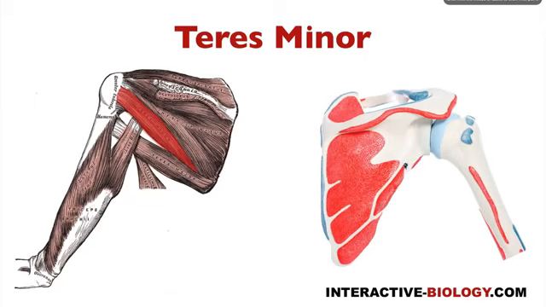Teres minor is going to originate from the upper 2/3 of the posterior surface of the lateral border, and then it's going to insert on the lower facet. Okay, so from the upper 2/3 of the posterior surface, lateral border, inserting right here on the lower facet of the greater tubercle of the humerus.